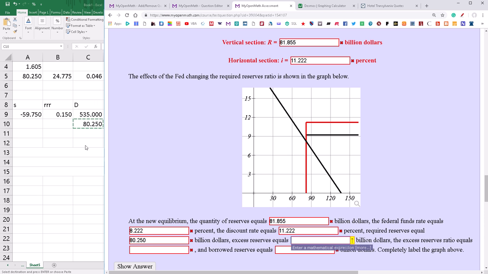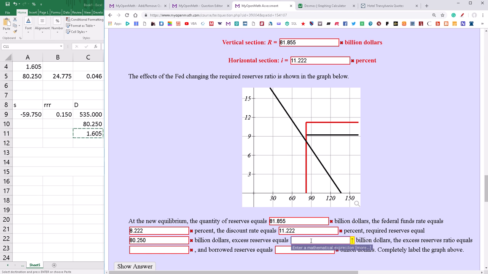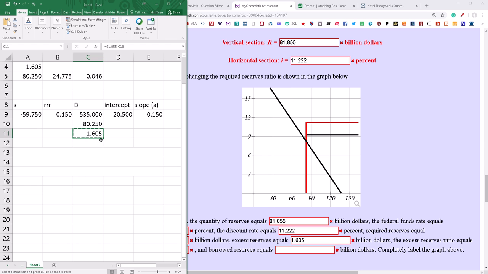Excess reserves are the difference between total reserves, 81.855, and required reserves. So in this case, excess reserves is 1.605. The excess reserves ratio is excess reserves divided by demand deposits, so 0.003.